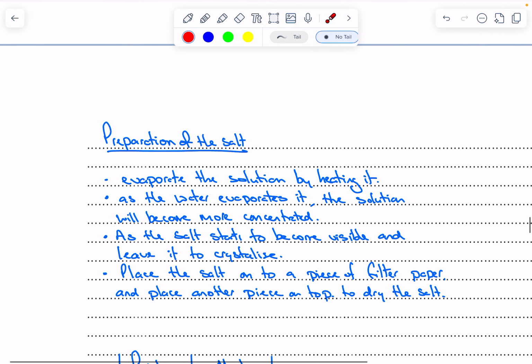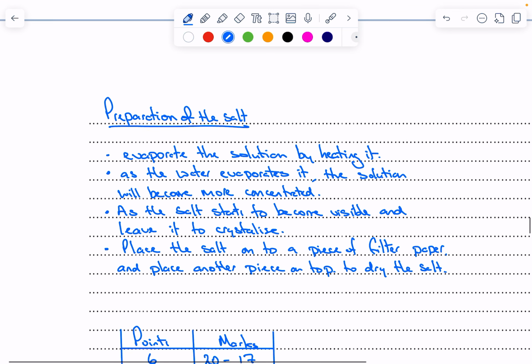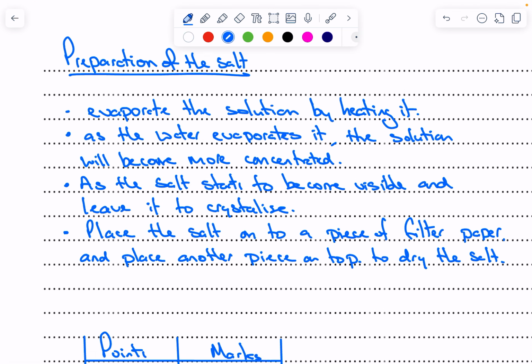So, preparation of the salt. We'd heat it in an evaporating basin and we'd evaporate the water. And as the water starts to evaporate, the solution will become more concentrated in terms of the salt. As the salt starts to become visible, we'd leave it to crystallize.